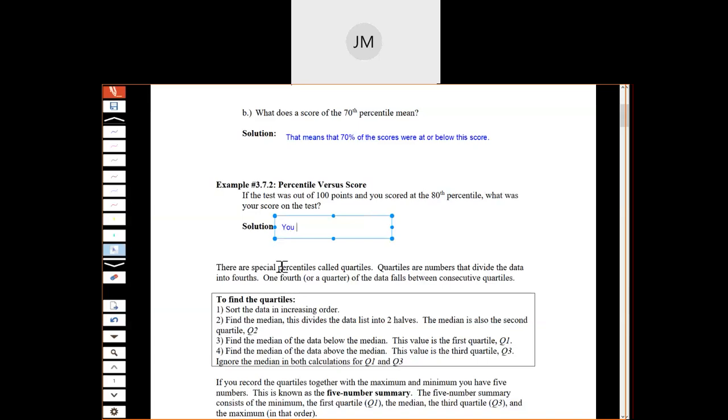So we don't know what the score is by just knowing a percentile. All we know is that you scored better than 80% of the other test takers.